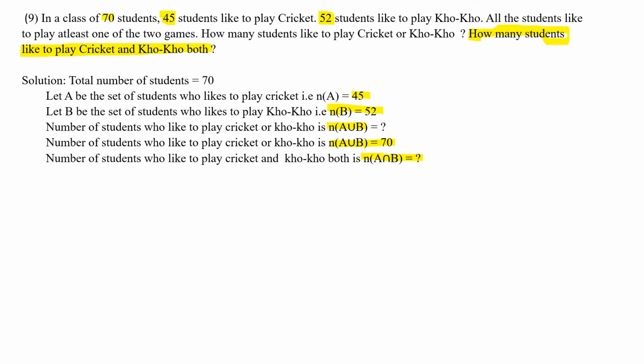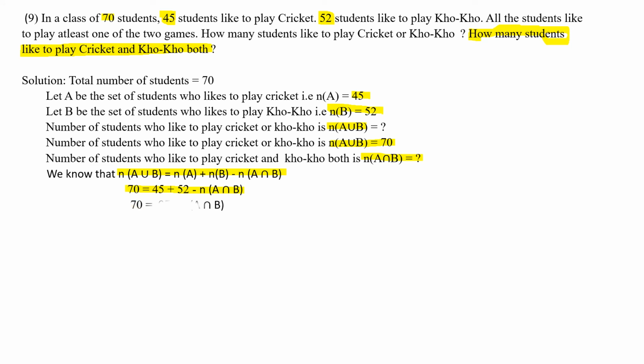Previously we solved one sum based on a formula, so we'll apply the formula here. We know that n of A union B equals n of A plus n of B minus n of A intersection B. Now substitute the values. So you get 70 equal to 45 plus 52 minus n of A intersection B, which we have to find.